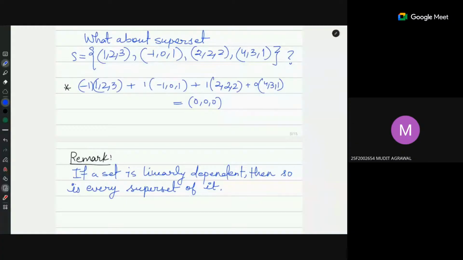So can we say that if one coefficient of any one vector is not equal to zero, then also it is linearly dependent? No. For linear dependency, not all the coefficients can be zero. That is the definition. In your examples also, in both cases, there are vectors with non-zero coefficients. So what is the problem?